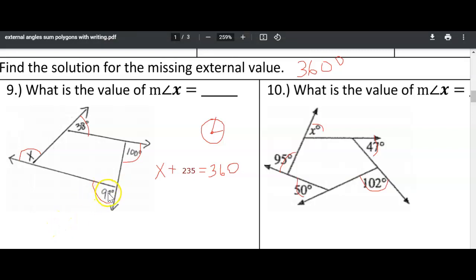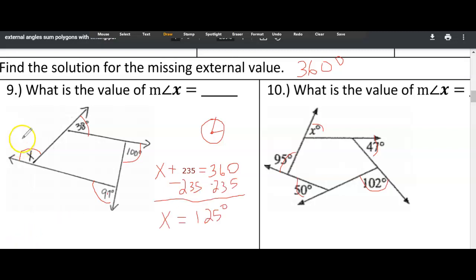Okay, this is a 97. So I add all these up, and I should have gotten 235. Then you just solve. You subtract 235 from both sides, and what do you get? What is x equal? Good, you should have gotten 125. So the measure of this angle here, x, is 125.